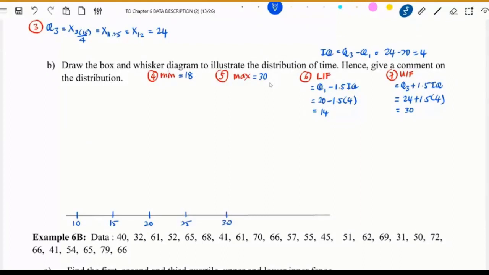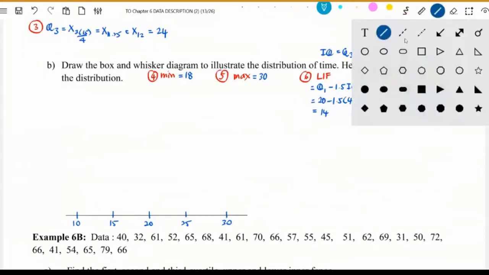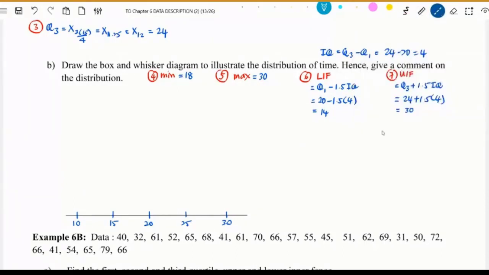Okay, so I cancel this one first. Okay, so for the fence, so kalau kita tengok kita ada pagar di sini, so you have to plot it as a dotted line. So we have 14. So maybe somewhere around here, 14. We can have it nearly with the 15 here. Okay, this one is your lower inner fence. Upper inner fence on the dot 30.